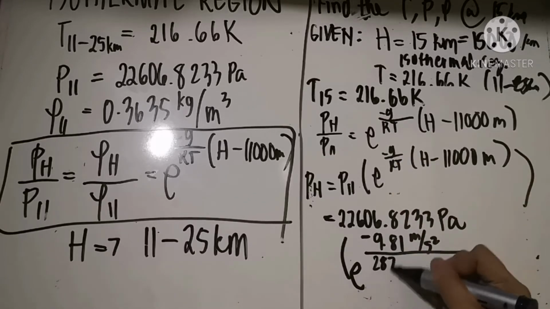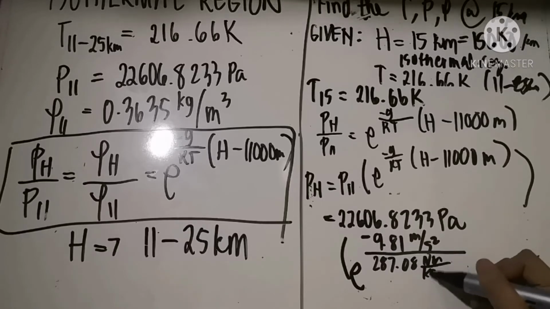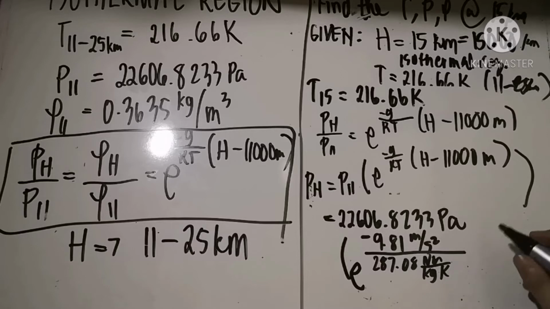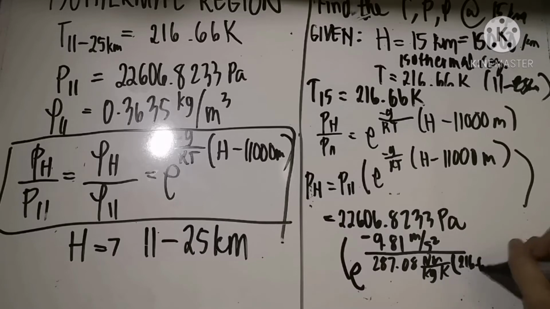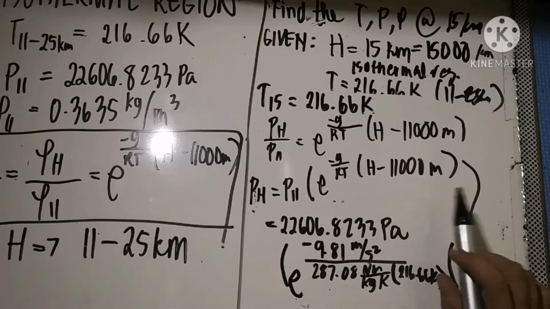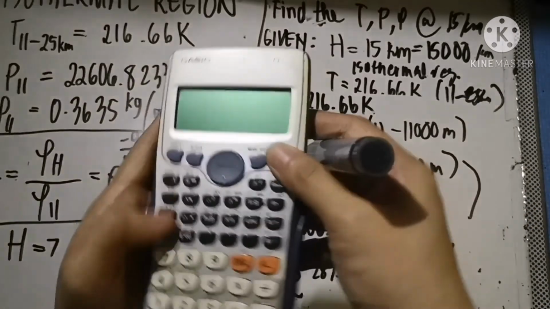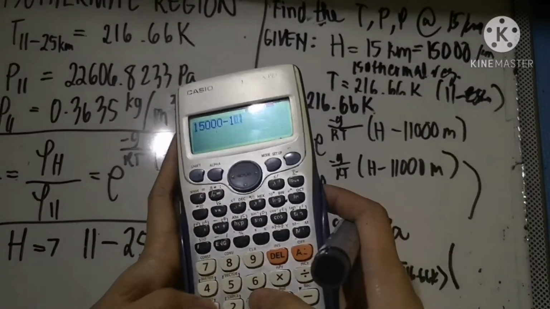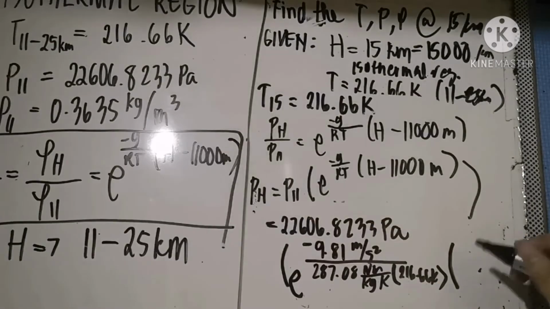Metric, 287.08 Newton meter over kilogram Kelvin, times your temperature na 216.66 Kelvin, and then times height na 15,000 minus 11,000, which will be 4,000 meters.